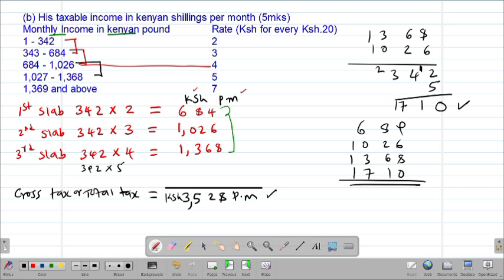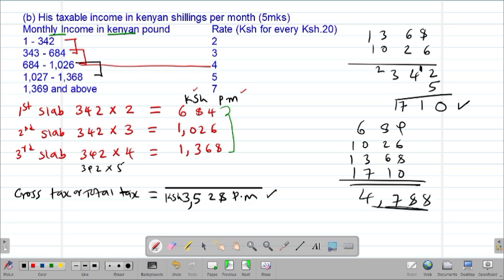3,052.8. If I perform the summation of these particular values, let me get the actual value. If you take 684, then you add to 1026, then plus 1368, then plus 1710, you'll get a total of 4,788.